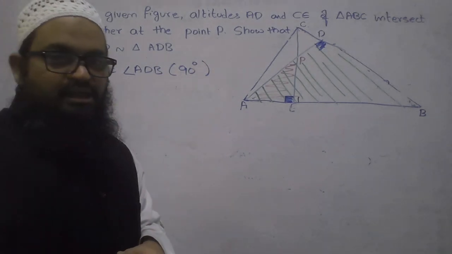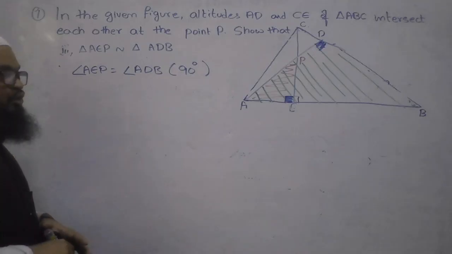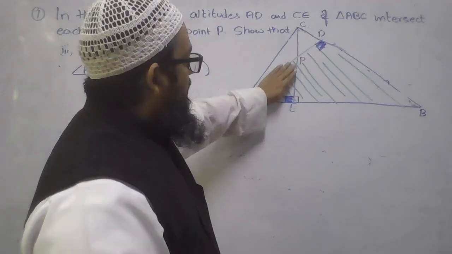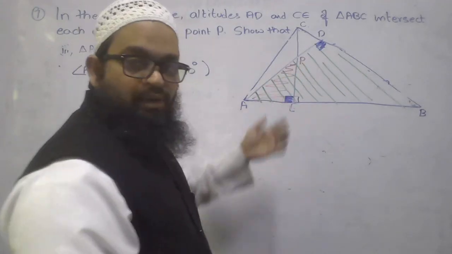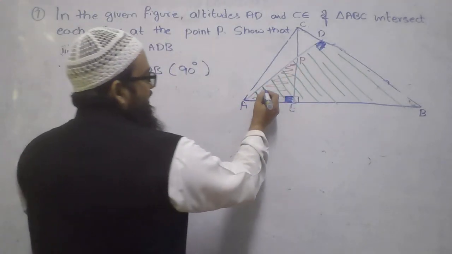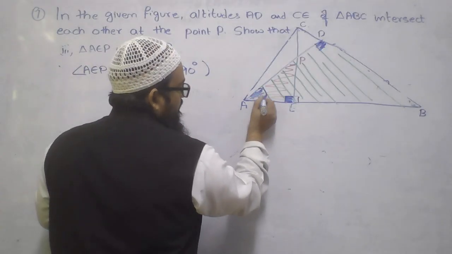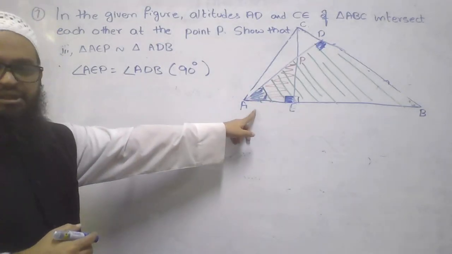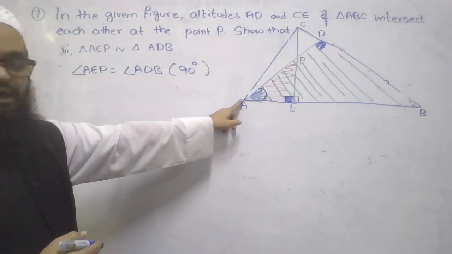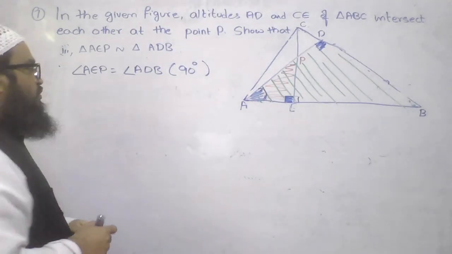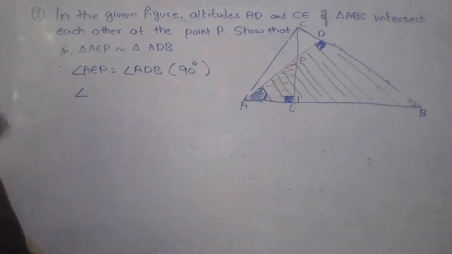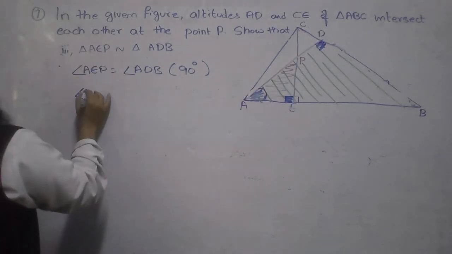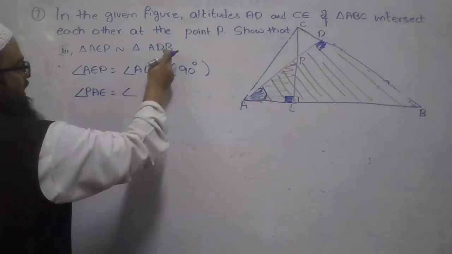And let us see what is the common angle in both of them, in the red one and in the green one. Which one is common, my dear students? Do you see this angle as common? This angle is both in red and also green. So what is this angle? You cannot say angle A because at point A you have two different angles. So you name it along with its arms. So with red, PAE is equal to, can I go with BAD?